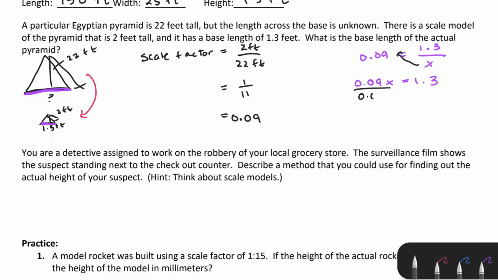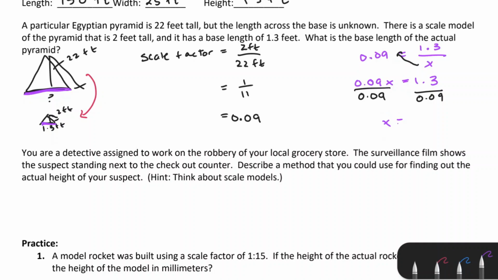Now I can divide both sides by that scale factor. If you're trying to work backwards, notice that when we were finding the scale factor, we were multiplying. Here we're going to divide because we're trying to go backwards. We know the end result. Where did I start to get here?